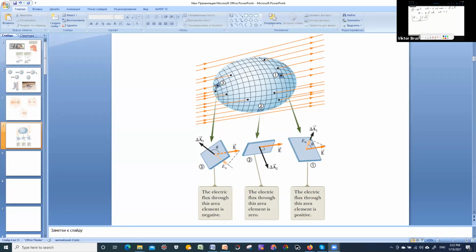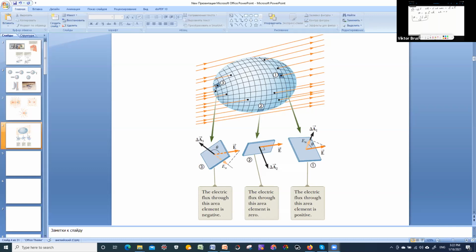It's the difference between the number of electric field lines which go inside the closed surface and those which go outside. If we have more electric field lines which go inside the closed surface than those which are going outside, we have negative electric field flux. If it is the contrary, we have positive electric field flux.